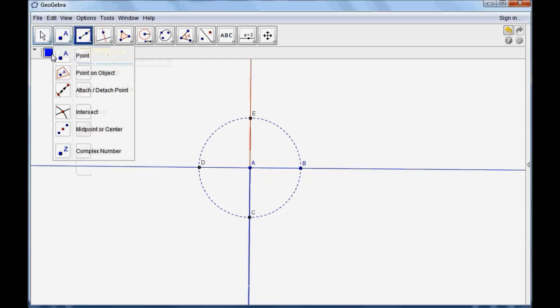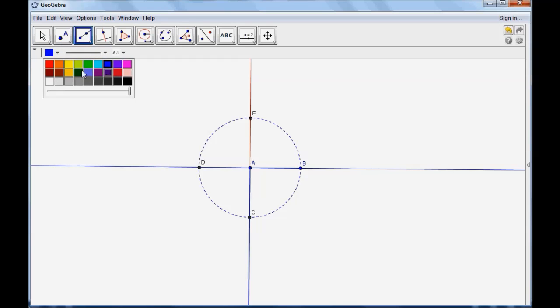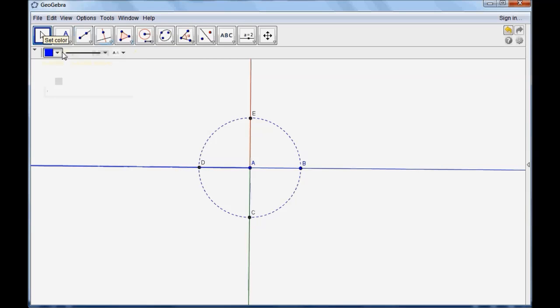Oh, yep, there it is. And it will be the green ray. And then this one over here will be the purple ray. There. Okay.